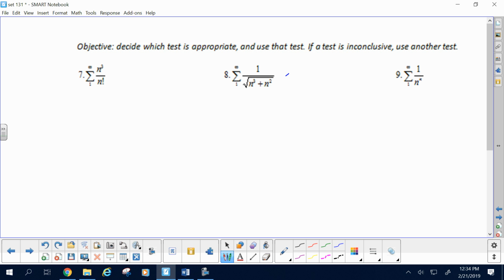This feels like 1 over n to the 3 halves, and I'll ignore this part. Now, would this converge or diverge? That's converging. And so if I could show that this is less than this, then I would be golden, because it would be less than 5. Okay, so let's try that and see how it plays out.